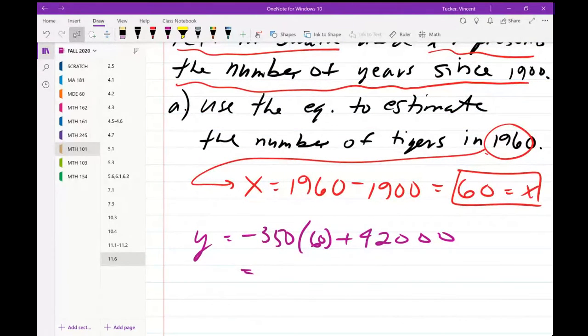So in 1960, we're expecting there to be approximately 21,000 tigers in India. Any questions?